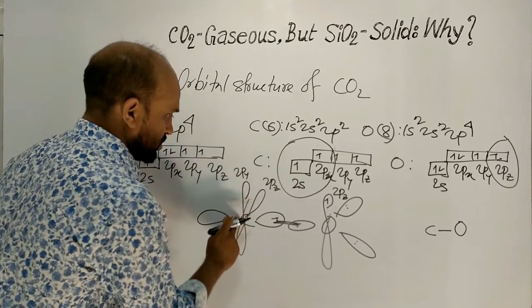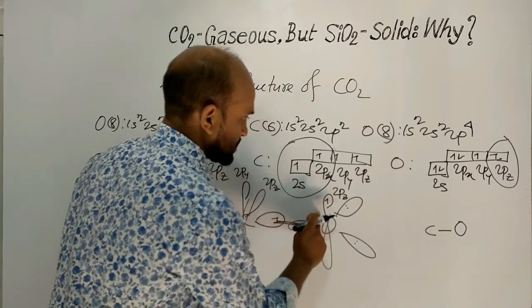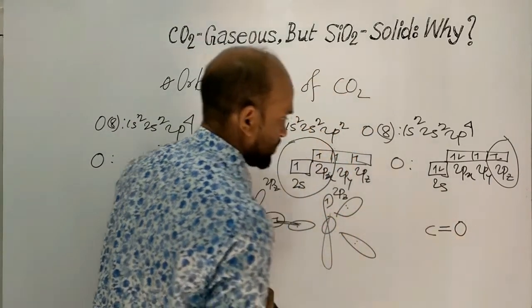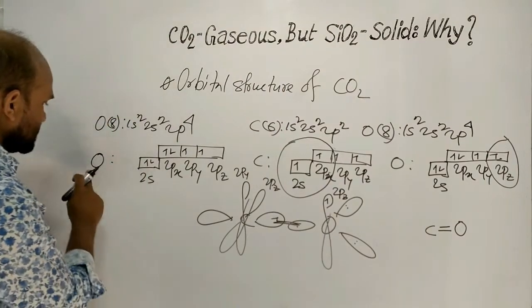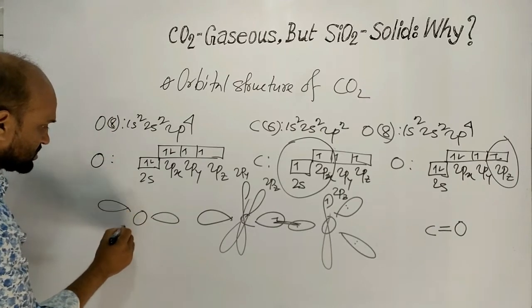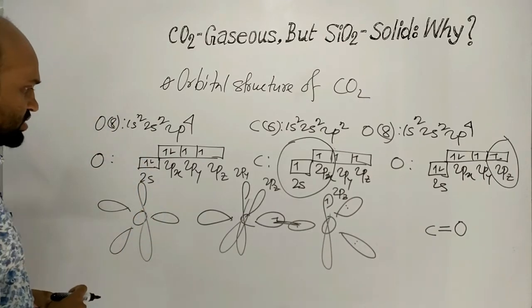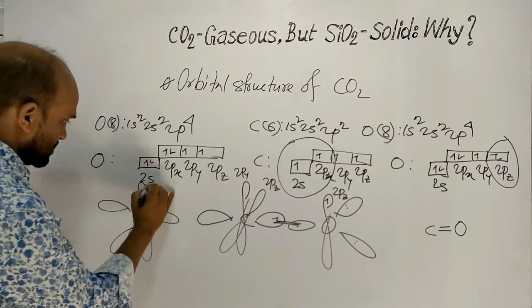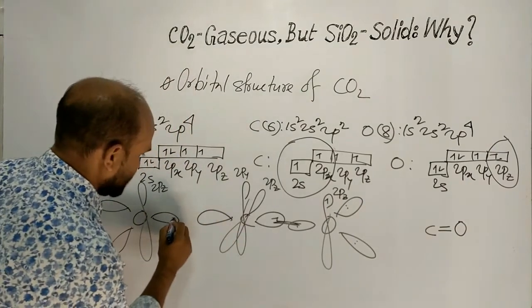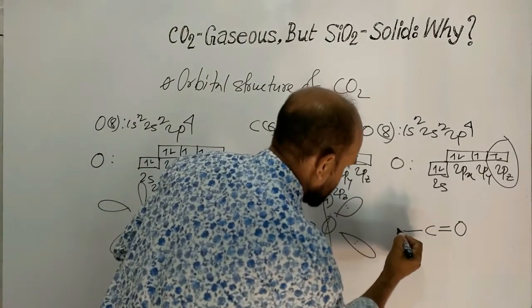The 2py orbital of carbon overlaps with the 2pz orbital of oxygen, and then a stable pi bond is formed. Similarly, this oxygen is sp2 hybridized and 1 orbital remains unhybridized. This is 2pz, and the hybrid orbital overlaps and a sigma bond is formed.